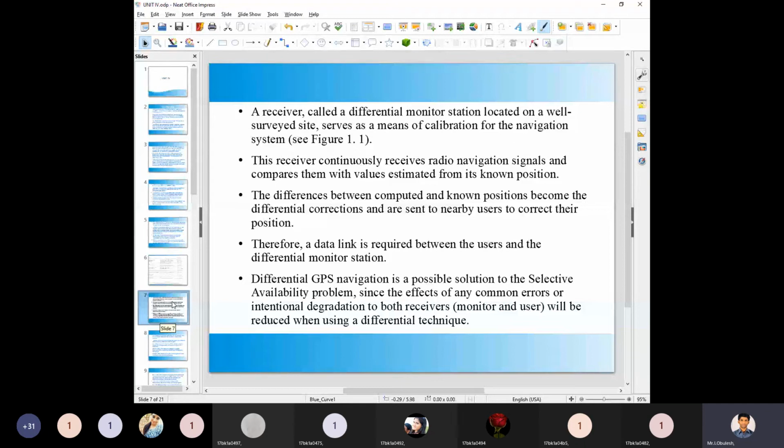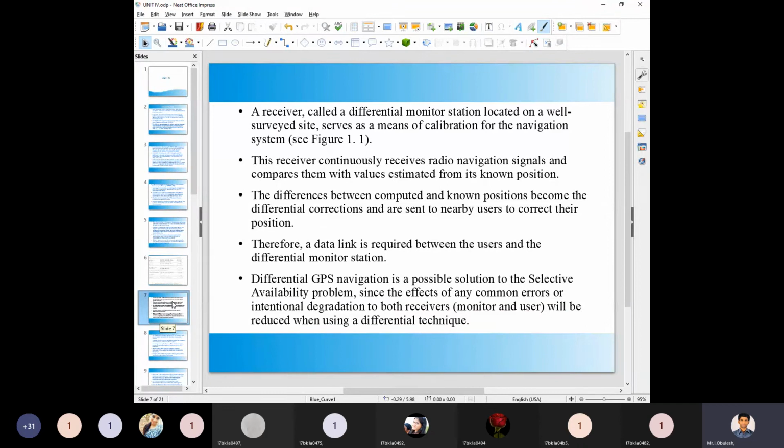Since the effect of any common errors, such as intentional degradation, on both receivers, the monitor and the user, will be reduced when using differential techniques.